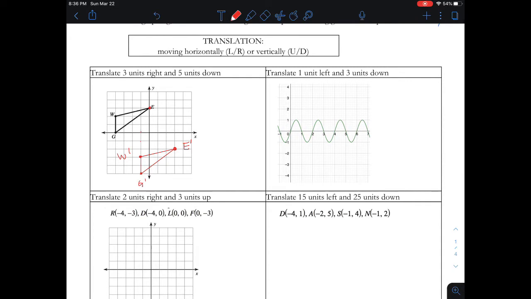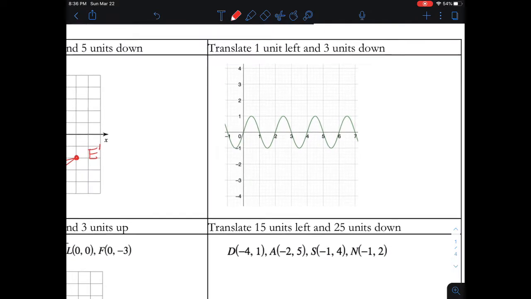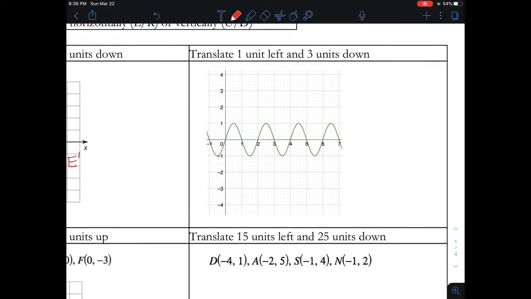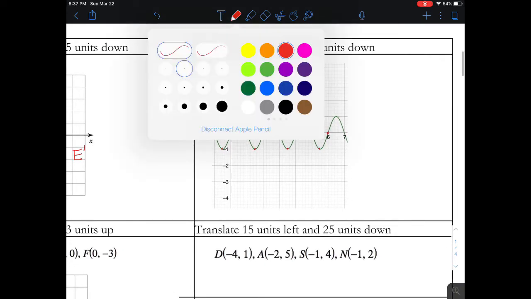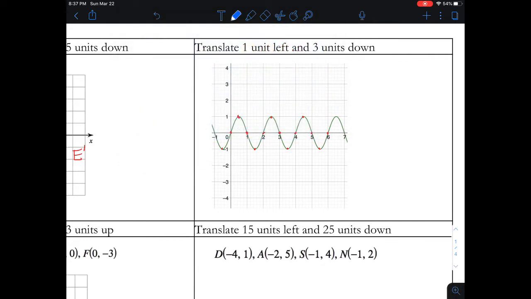Now, if we look at this wave example here, the points aren't super easy to see, but there are some that are a bit easier to nail down than others. We can see that at the halves and at the holes there are points, and I'll just use a different color. Basically what we want to do is translate 1 unit left and 3 units down.